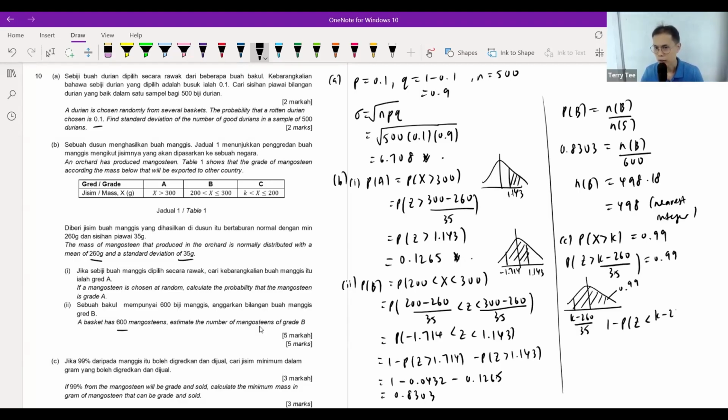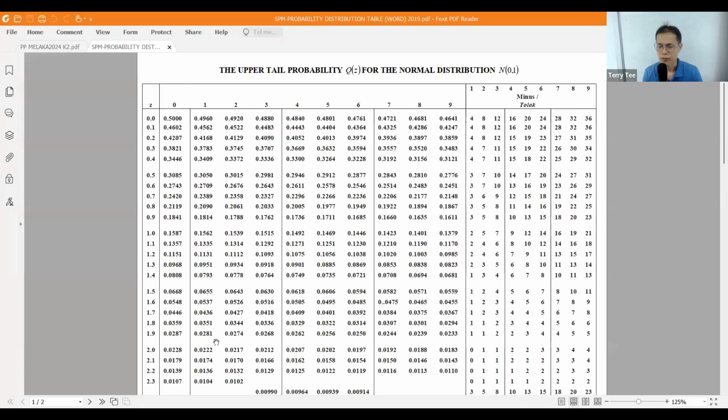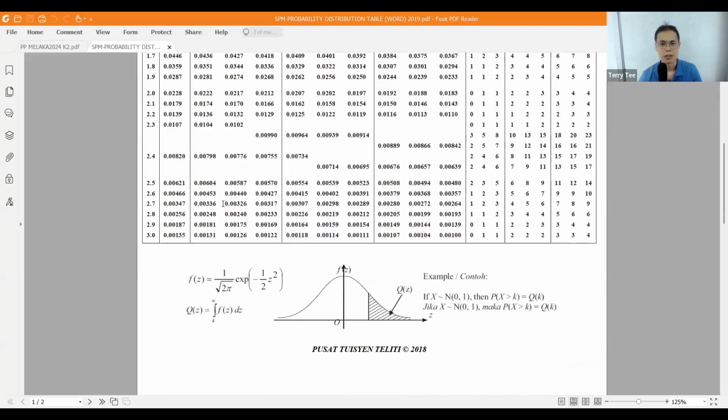It's less than and not more than, because it's the left-hand side. This is 0.99. So your probability of Z less than K minus 260 over 35 is 0.01. Very small value, meaning the one on the left here is 0.01. So you work backwards and find out what is the Z value. Remember, most of the time, if you use your calculator or your table, it is based on the right-hand side.